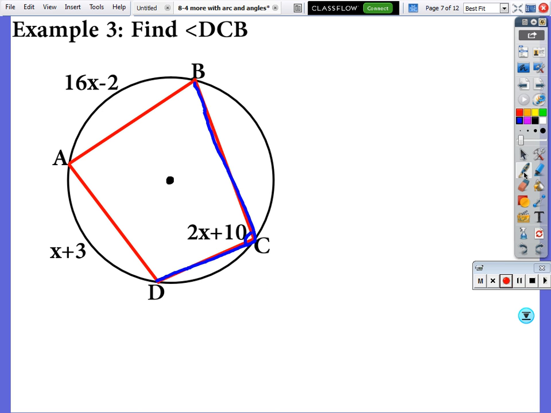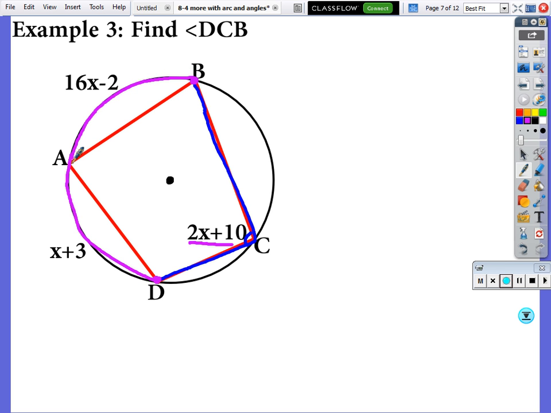Now, we can solve for x by setting up any true statement and solving for x. Once again, there are many different ways of doing this. Now notice here, the first thing I'm going to point out is that we have an inscribed angle. So right there's our inscribed angle, and it has an intercepted arc from here to here.